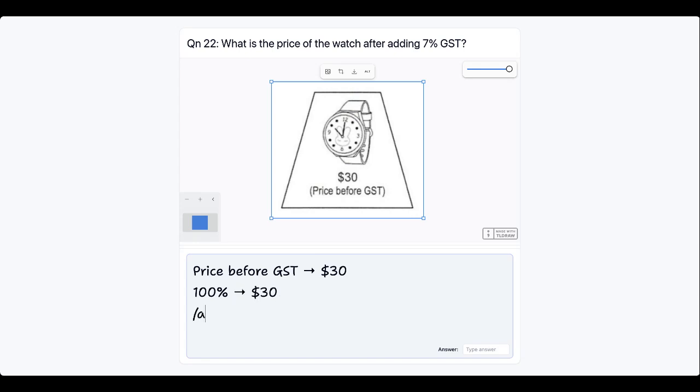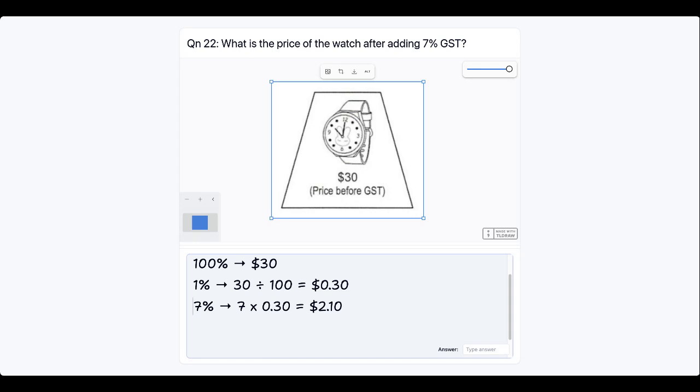1% is equal to 30 divided by 100, which is $0.30. So what about 7%? It is equal to 7 times 0.30, which is $2.10.